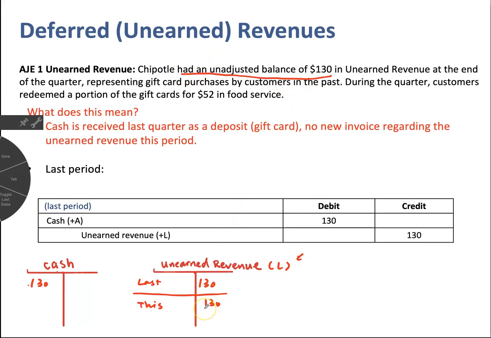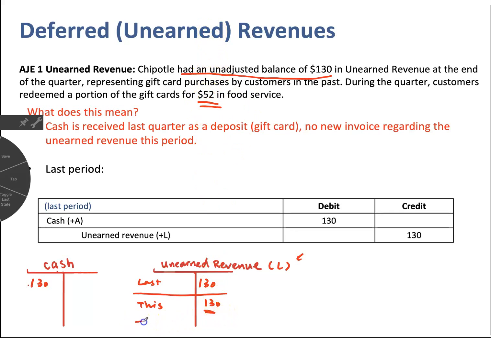Now, what does this 130 mean? This 130 really means that we owe someone else a service of $130. Now, if you look at this period's balances before you do the adjustment, you will see that, wait a minute, someone redeemed 52 already, which means we already exchanged some of the gift cards for food services, so we no longer owe someone else $130.